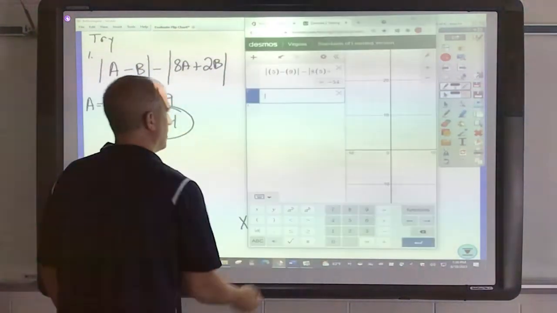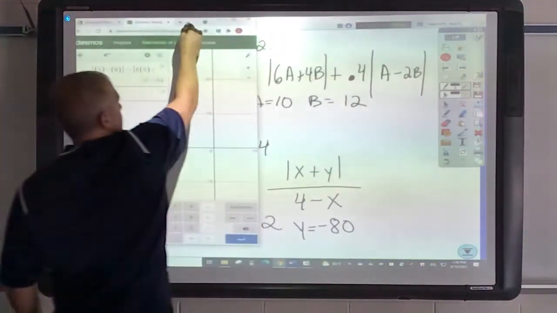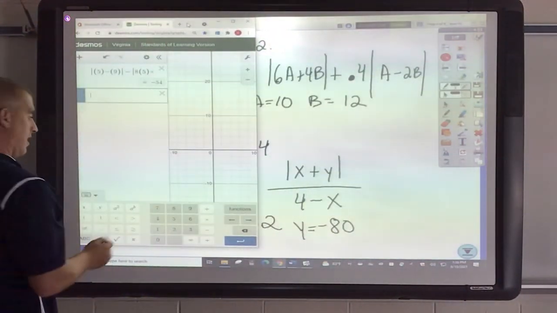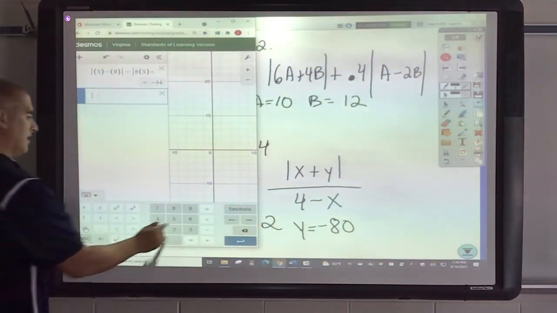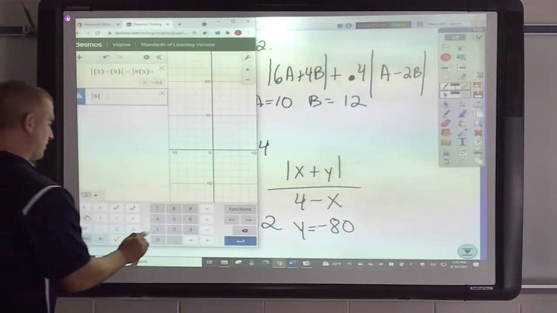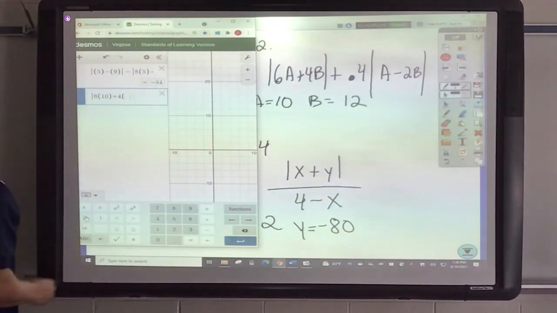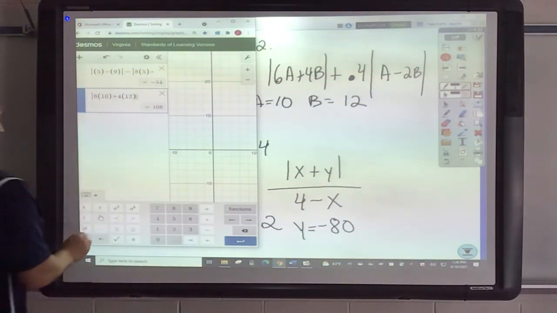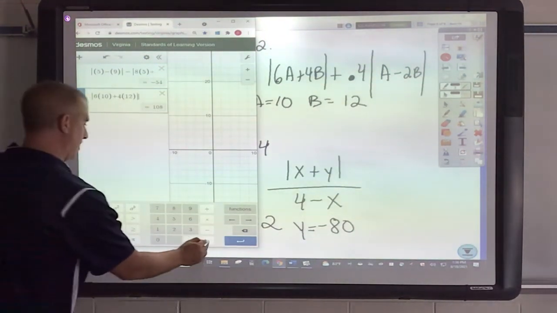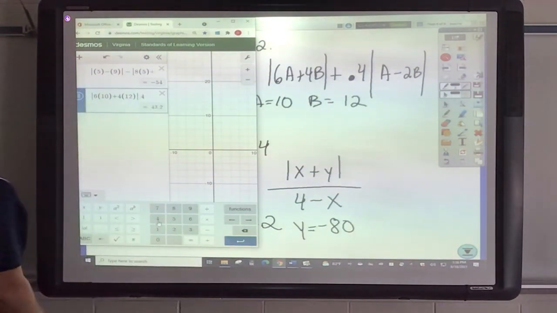Let's do this one. I would do absolute value bars, 6, parentheses where A is, which is 10, plus 4, parentheses where B is, that's 12. Close the absolute value bars. Plus 0.4.